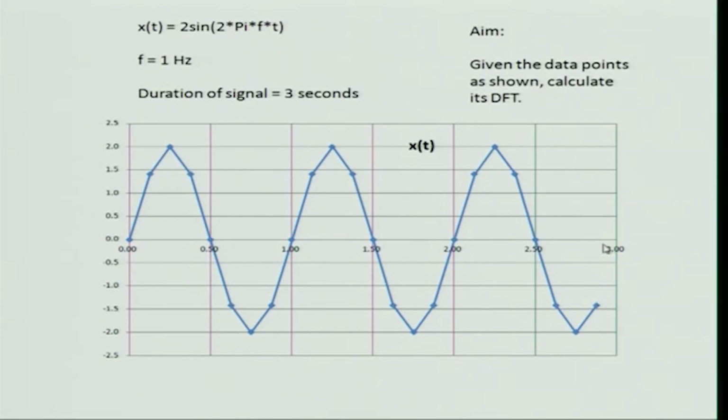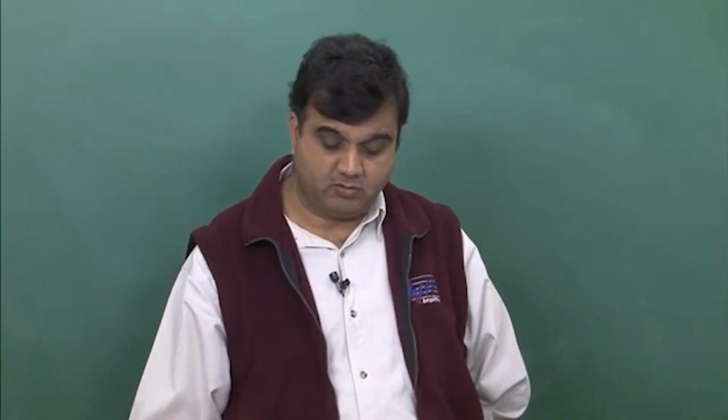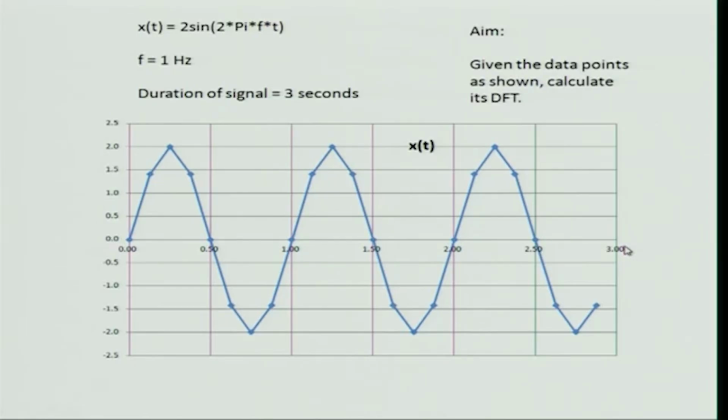And remember here that I am not completing the cycle, because I have the duration of 3 seconds and I have done 24 points, 8 points per second. So I have to generate 24 points. The last point, if I completed this cycle, would be the 25th point, but here I am just doing 24 points. So it's important to understand that.